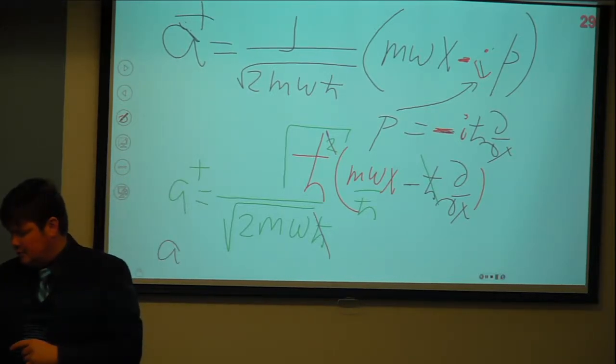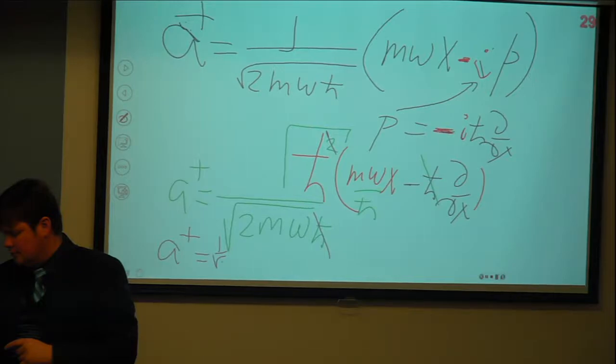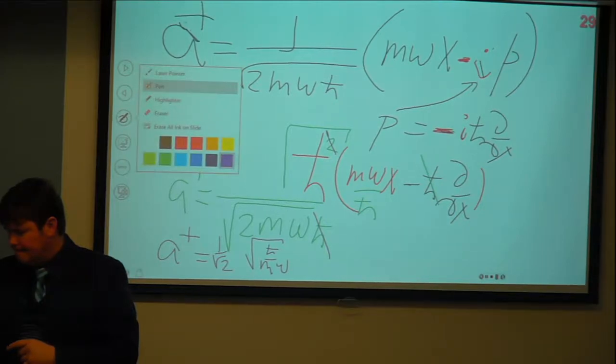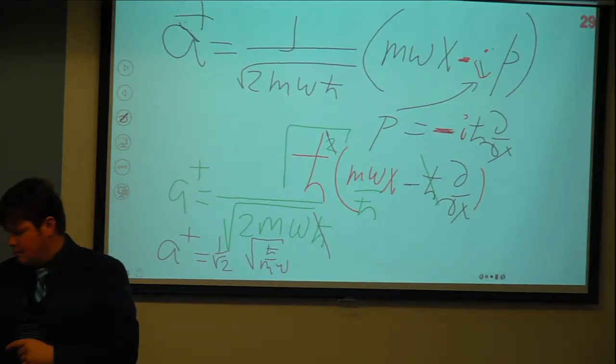Then we have this a dagger equals 1 over square root of 2, and then here square root of h bar over m omega will be the same as square root of 1 over alpha.